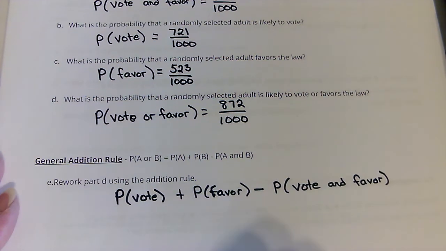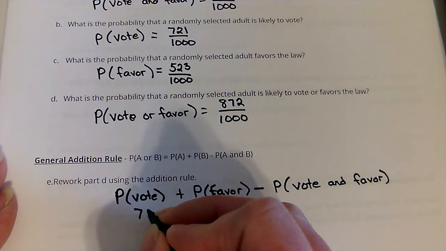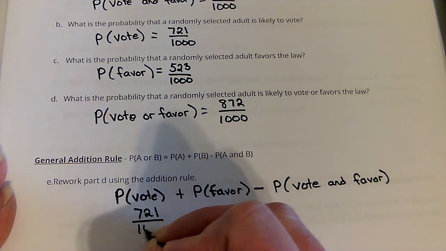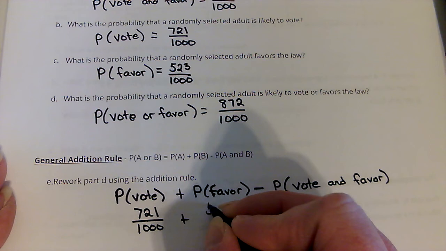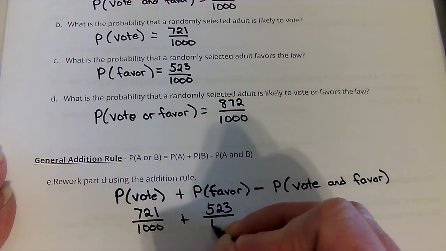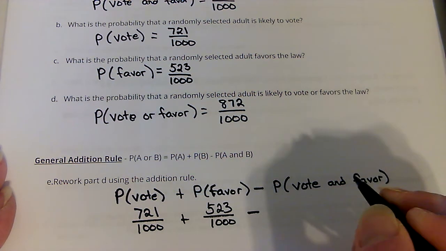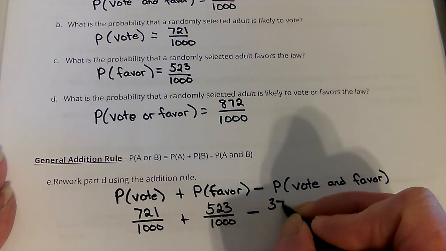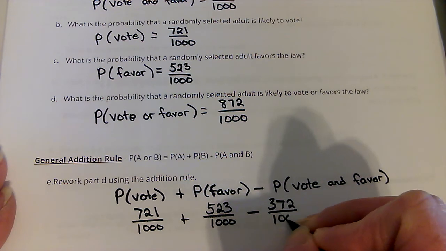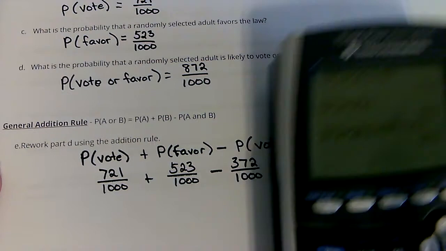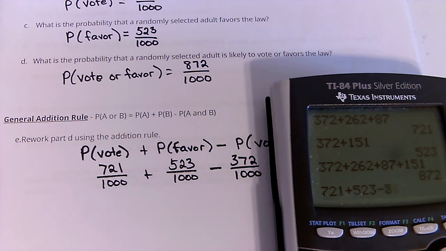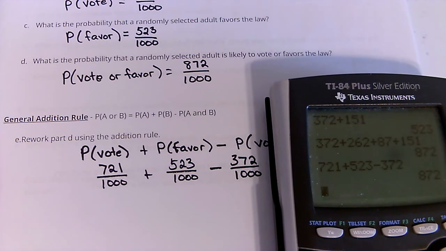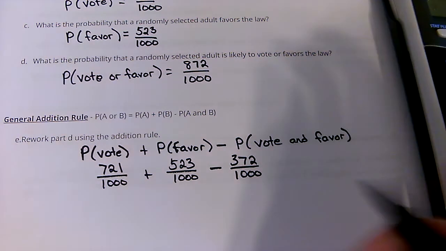That overlap. So the probability that they vote was 721 plus the favor was 523 minus the overlap, 372. See if we get the same answer. 721 plus 523 minus 372 gives me 872.